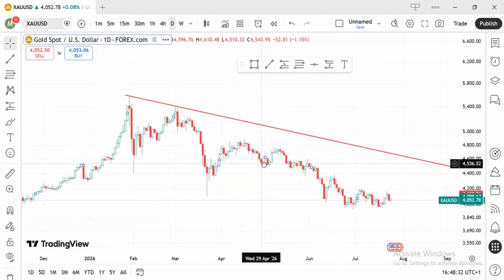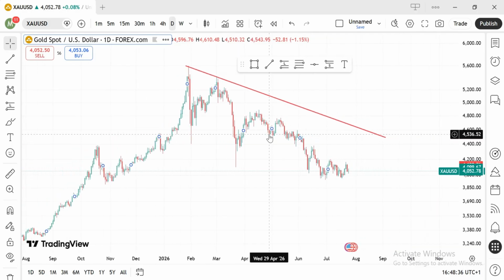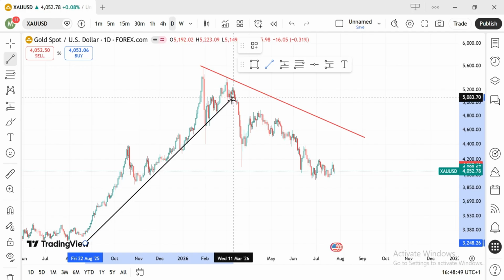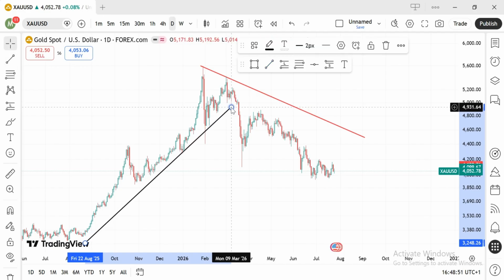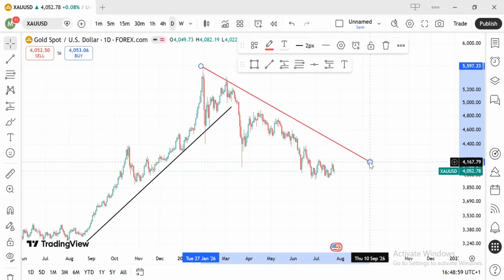As you can see over here, if I zoom in, you are going to see that we have been in an uptrend over here. And right here, you can see that we are now having a downtrend.